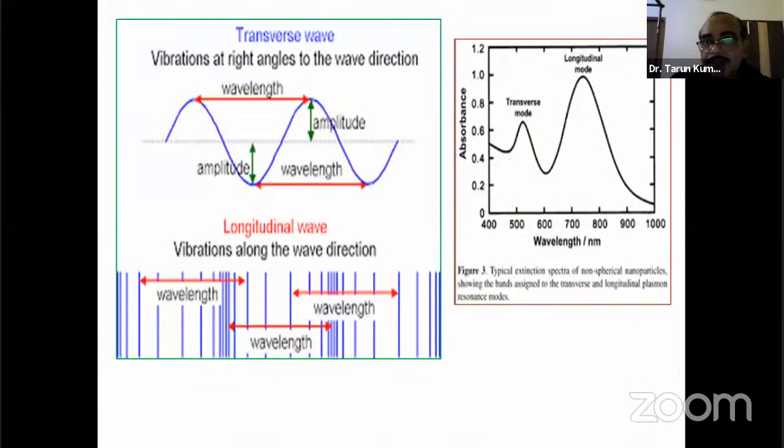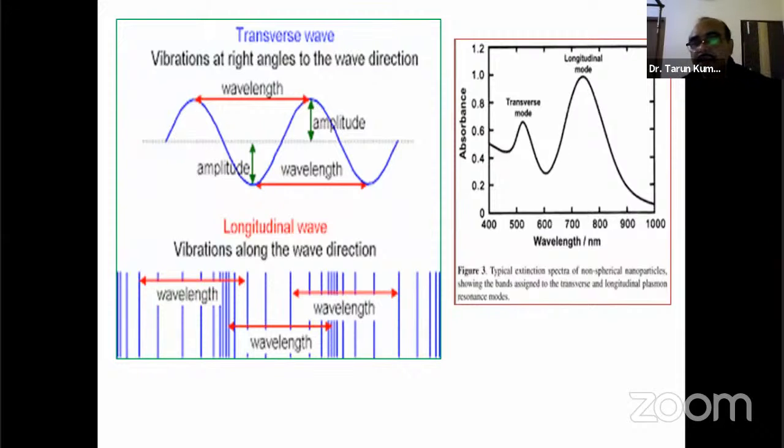Another thing I would like to mention here is that in the UV spectrum we get different regions of light absorption. This is due to the vibration of the electromagnetic wave. It may be transverse or longitudinal.